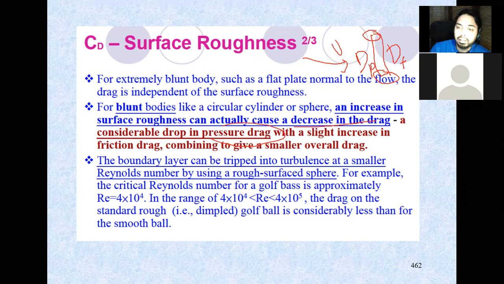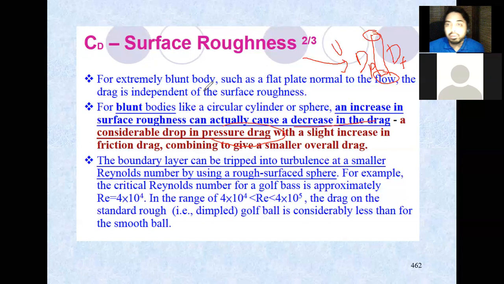Yeah, go ahead. I have a question. In this case, for the blunt bodies, does it work like a ship hull or a shark, for example, that has microfibrils on their surfaces to reduce the drag when they're moving? Yeah, that's one of the examples, because it's mostly for the blunt bodies.